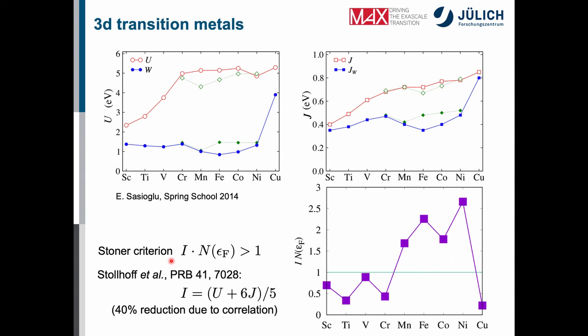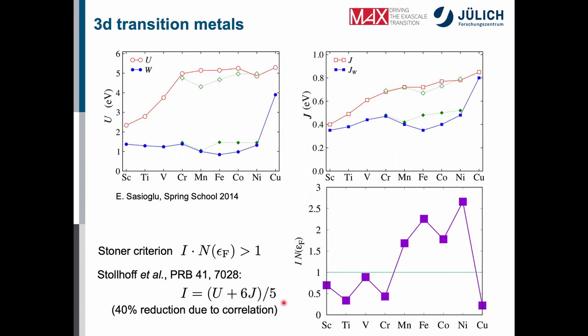This so-called Stoner criterion states that if the product of Stoner parameter I and density of states n at the Fermi energy is larger than 1, one would expect the system to be ferromagnetic. For the Stoner parameter I, there is a formula published by Stollhoff et al., which gives I as a function of U and J.